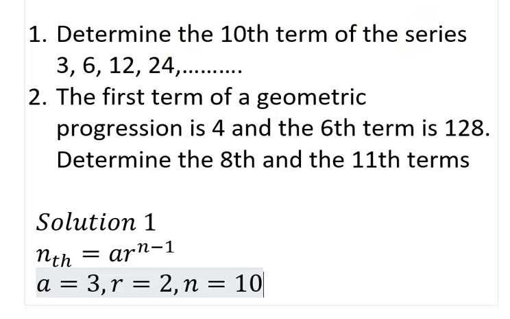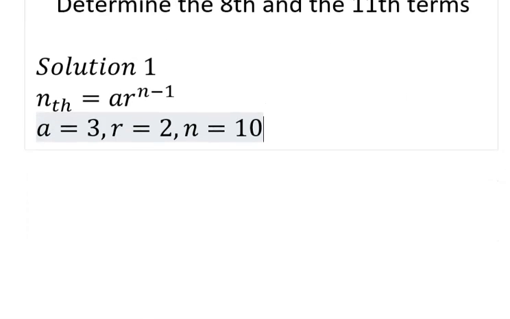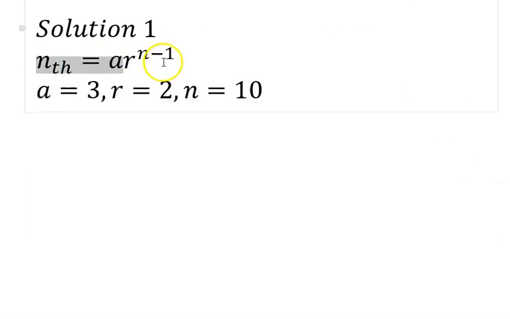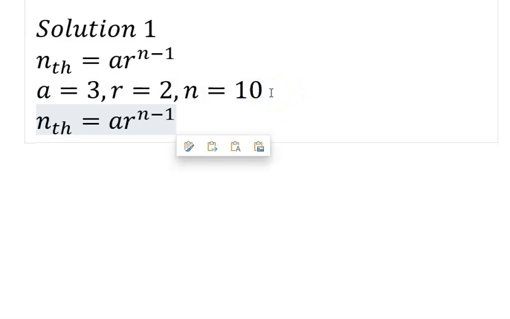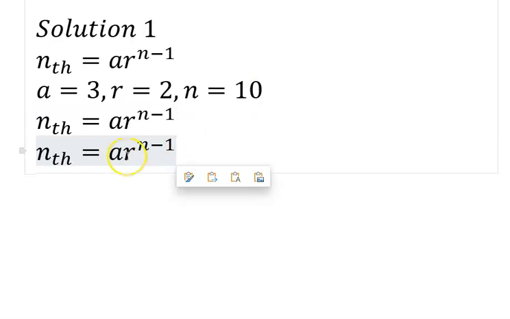So having done that, let's impute our parameters into our formula. This is our formula. Our first term is 3. Our common ratio is what?